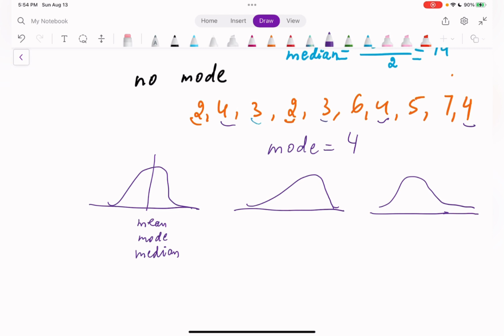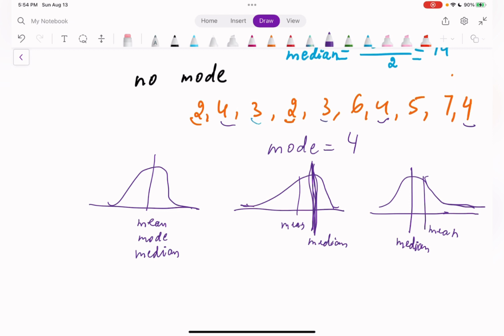So when data are skewed to the left, the mean is going to be dragged to the left, but the median will not be affected by any data because we are taking position, not the value. Okay? And it's the same thing here. Because it's skewed to the right, the mean is going to be pulled to the right, but the median is going to stay solid where it's supposed to be by position.